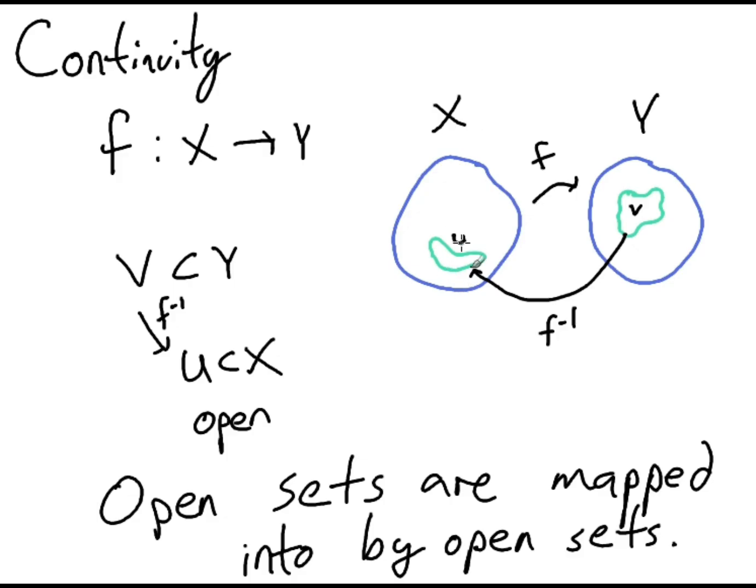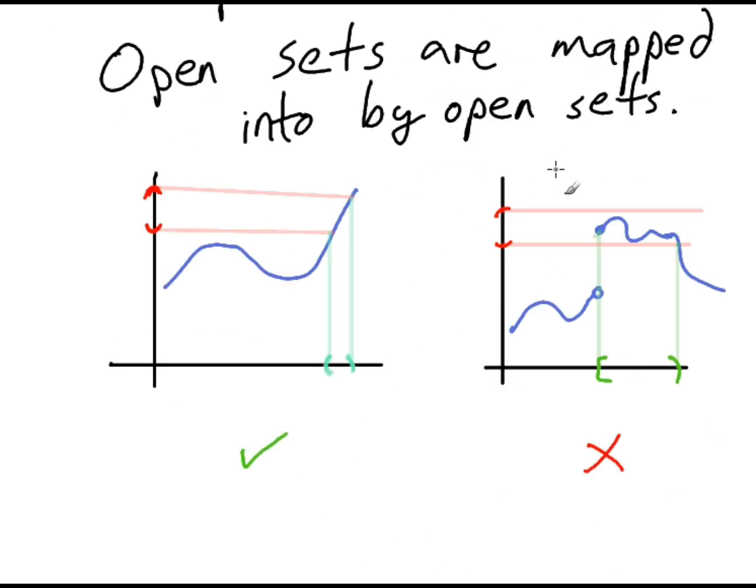Right? That's the thing that I'm looking for. So open sets are mapped into by open sets. Right? If I look at a graph version of this, here is a continuous function. I have this open set on the y-axis that I'm mapping into.